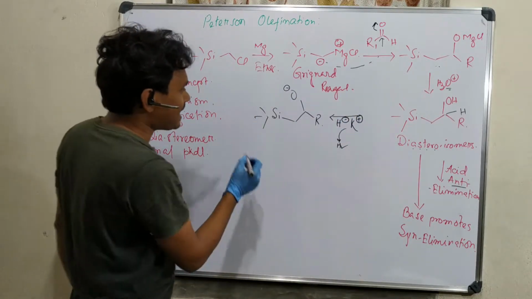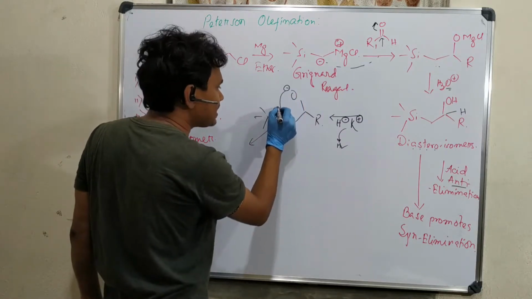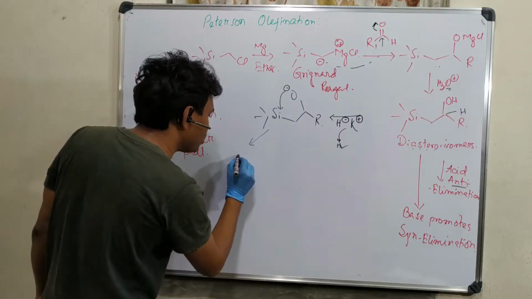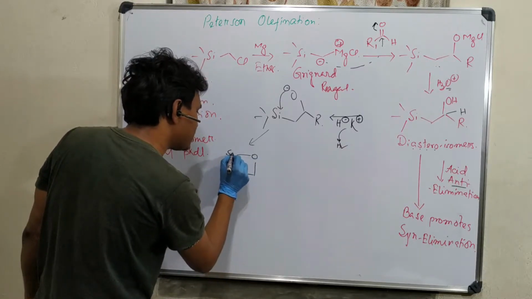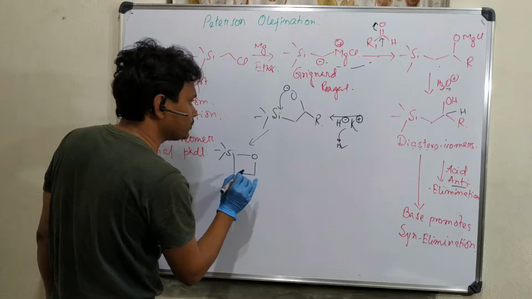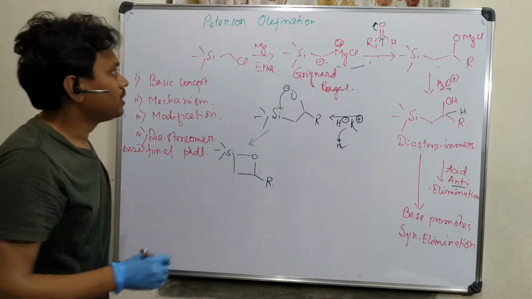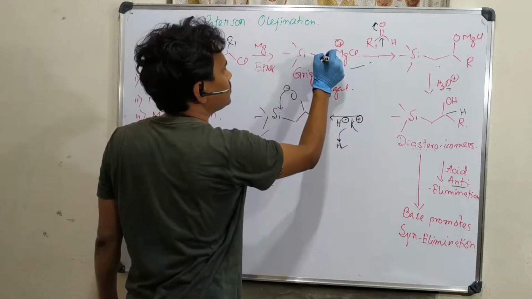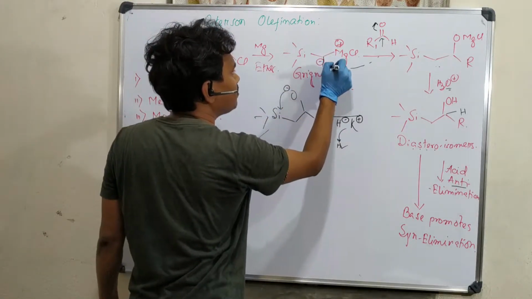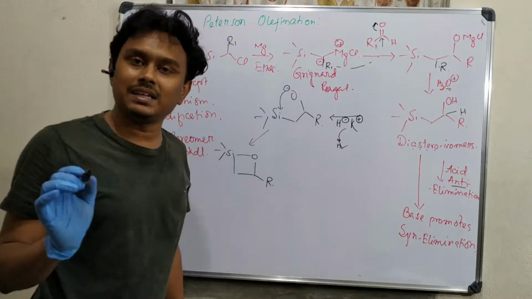Okay, and this alkoxide attacks here to form a 4-member ring. But in this case there is no proof that a 4-member ring is formed. You can consider this as R1. Why is it a diastereoisomer?